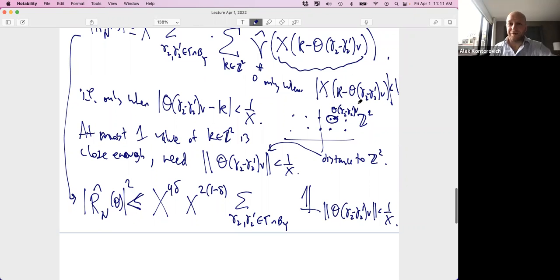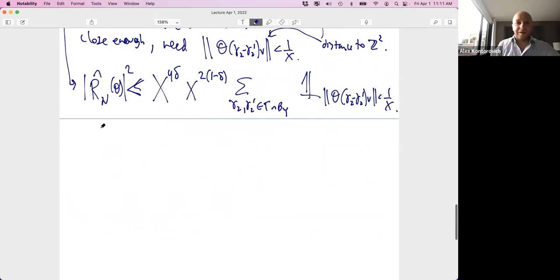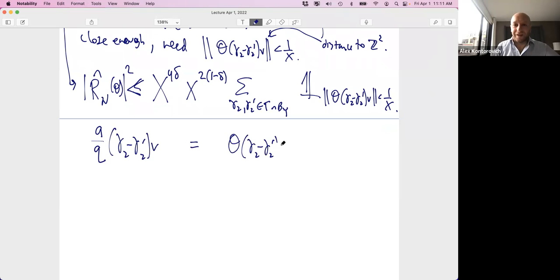Now let's use the shape of this in the following way. If I look at A over Q times this gamma 2 minus gamma 2 prime V, that is the same thing as theta times gamma 2 minus gamma 2 prime V minus beta. Now, the distance to the nearest integer of this is at most the distance to the nearest integer of this plus the distance to the nearest integer of this, which I will bound simply by its absolute value.